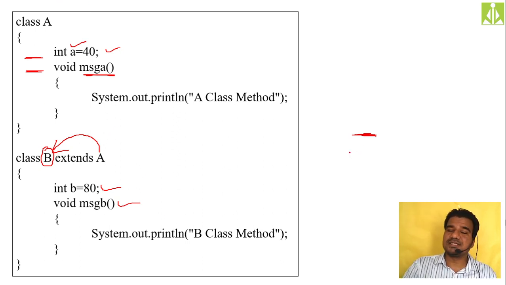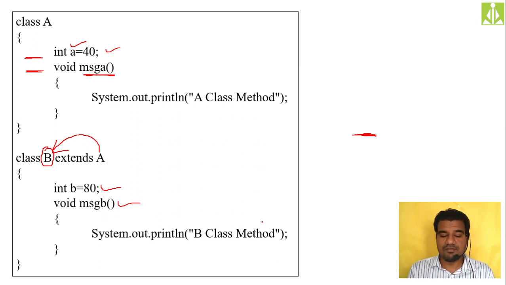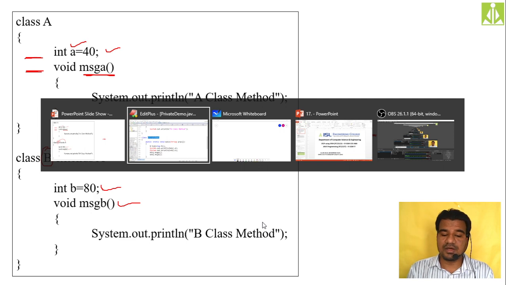Outside the class within the package also, the default will allow the access. Okay, so we will go and see whether whatever discussion we had is applicable or not, whether it will work or not.